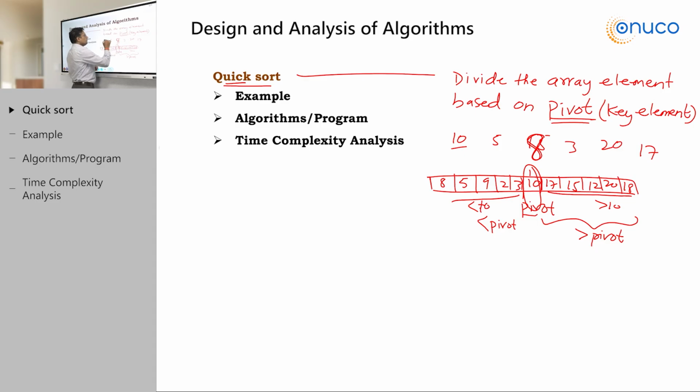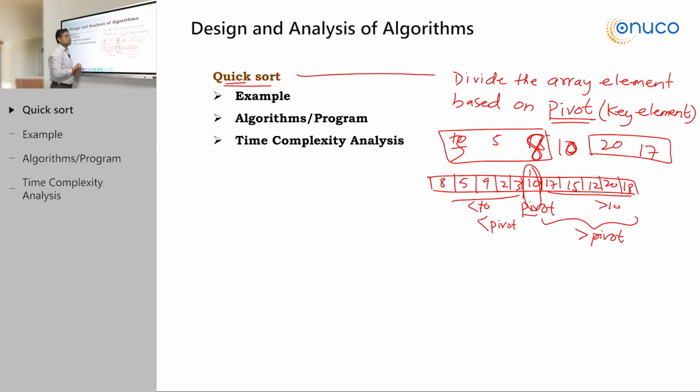So 3 will come here, 10 will go there, and hence these elements are lesser than the pivot element and these elements are greater than the pivot element. So keep in mind that in the quicksort technique we divide the array based on the pivot element, and that pivot element divides the elements in such a way that on the left side all the elements will be lesser than the pivot element and on the right side all the elements will be greater than the pivot element. That is the basic requirement.